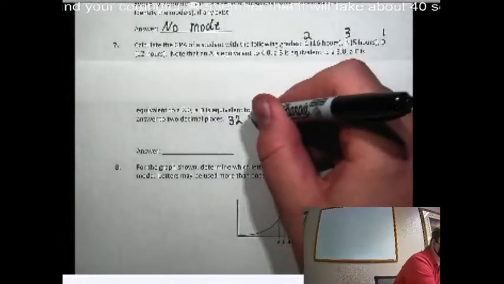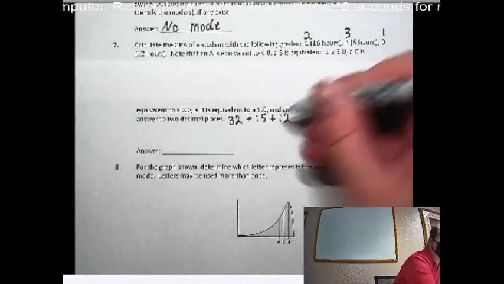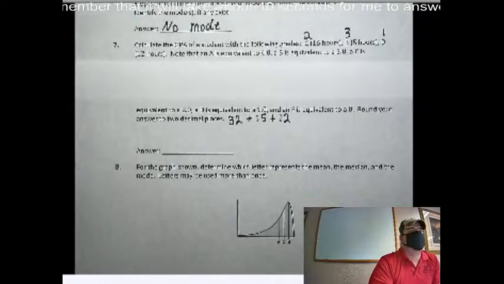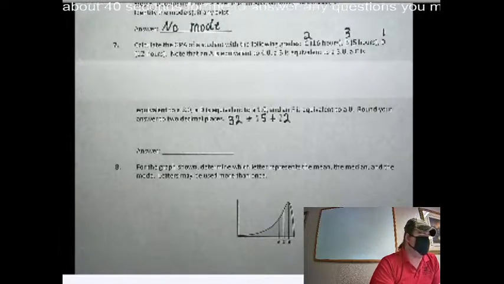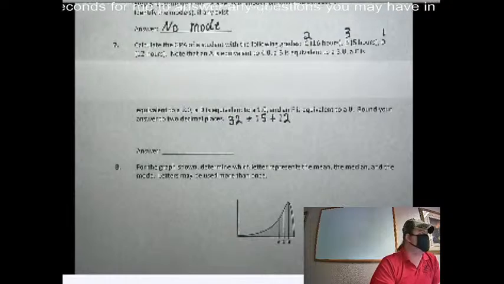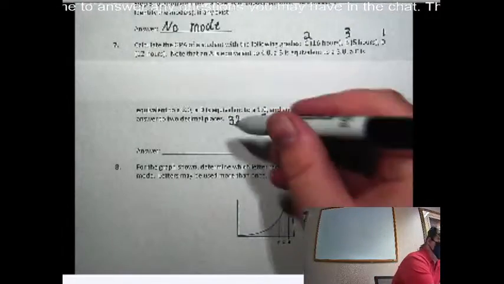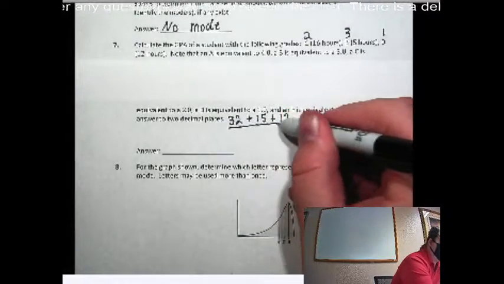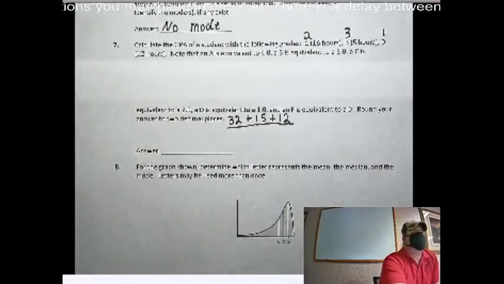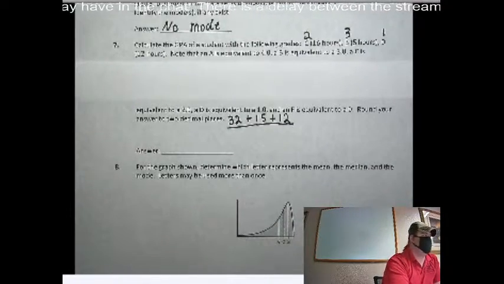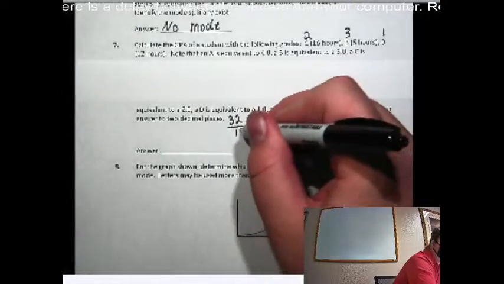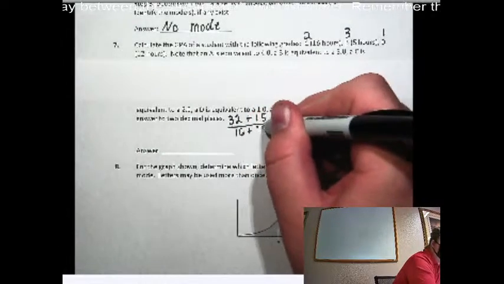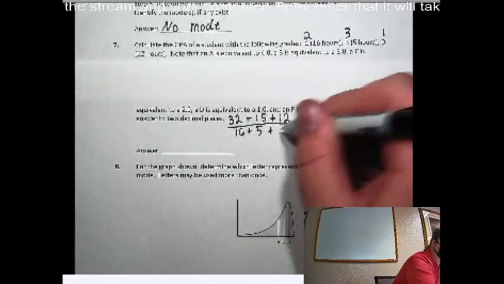Okay, we're going to add these because we want to know the total value that we accumulated taking these courses. Now, this is going to be out of the value that we attempted, so just the hours by themselves. So 16 plus 5 plus 12.